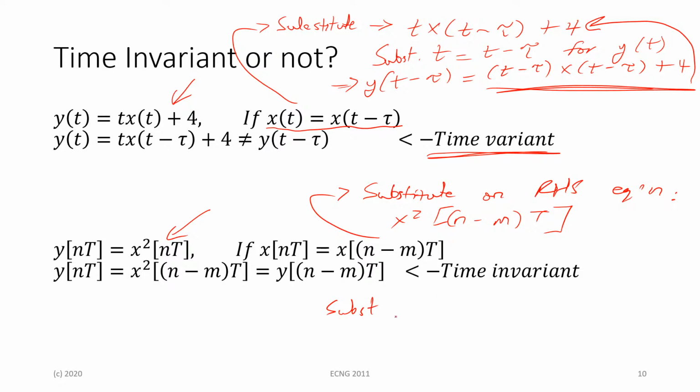And then our next step is to substitute, in this case, nt equal to n minus m t for y of nt.